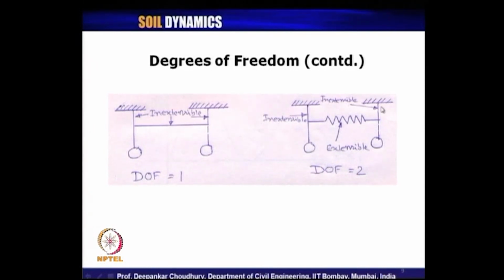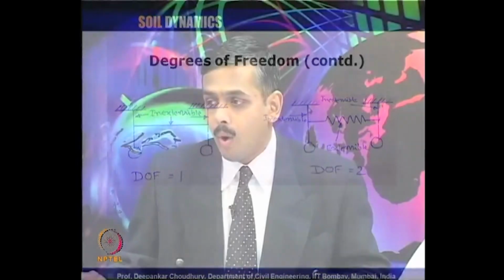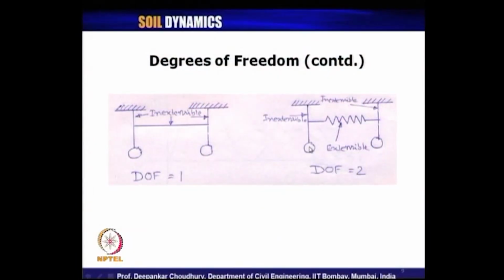Now, if we change the same problem to this problem, that is two simple pendulums connected by an extensible spring, or a linear spring, in that case what will happen? Suppose these rods are still inextensible. In that case, how many coordinates do we minimum require to define the position of the system? Suppose we apply a dynamic load to the system here, we need this angle theta 1 to define the position of this pendulum bob at any point of time.